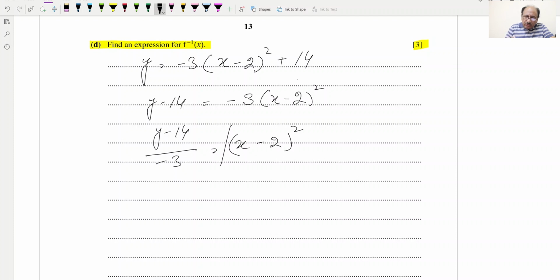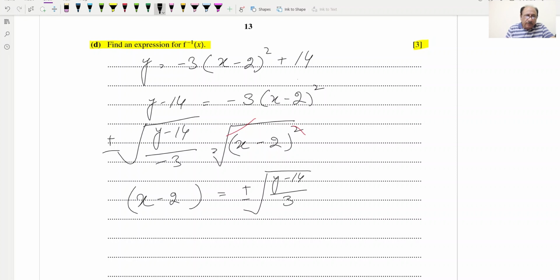And to get rid of the square, we are taking root on both sides, and root and square will cancel, and the remaining will be x minus 2 equal to plus or minus root of (y minus 14) over minus 3.